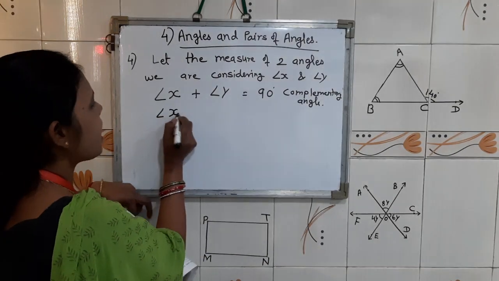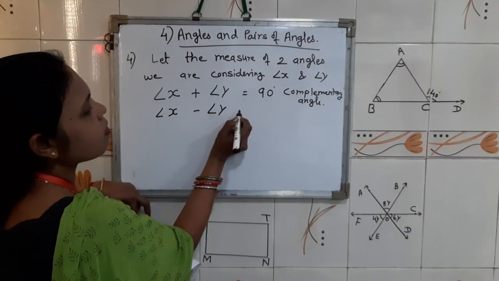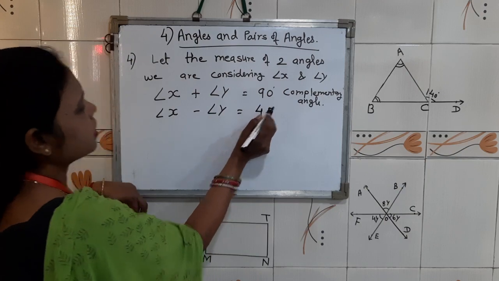Therefore, angle X minus angle Y equals 40 degrees.